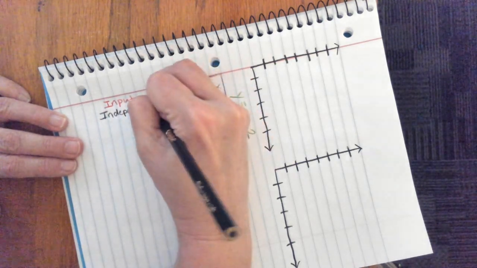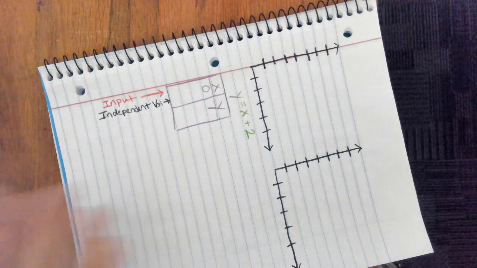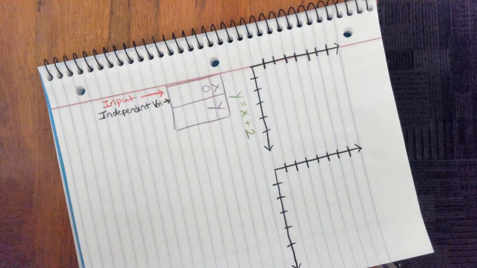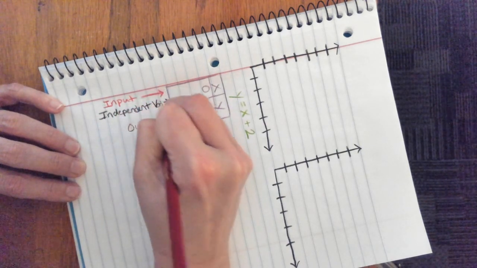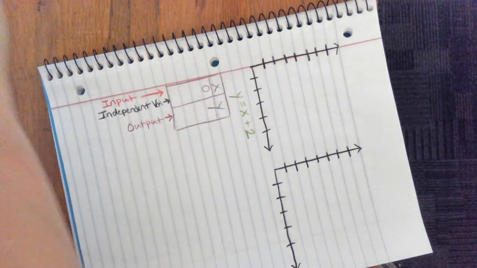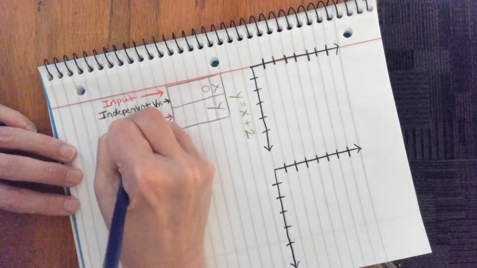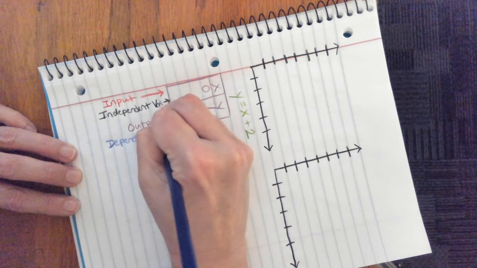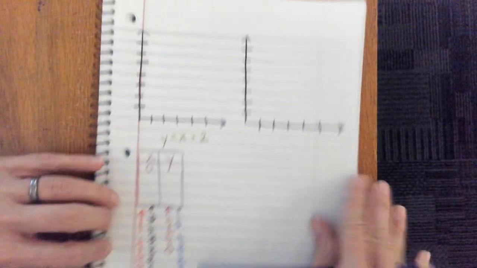I ran out of room, so I'm just going vary. Okay, and the y is my output, and it's also called my dependent variable. We're going to talk more about the words independent and dependent variable, but I want you to kind of start getting the idea.